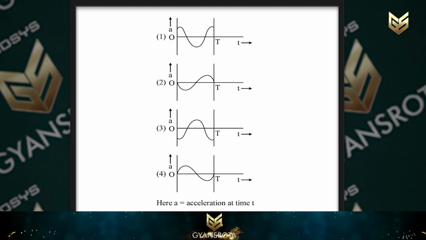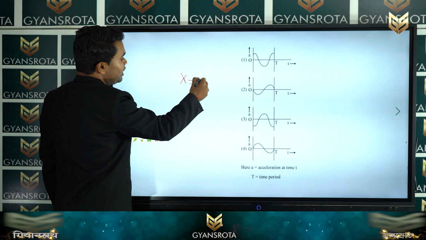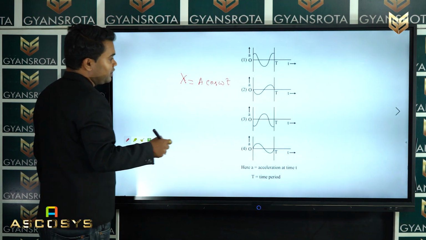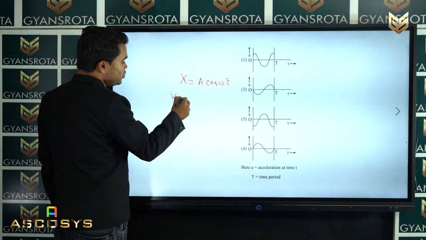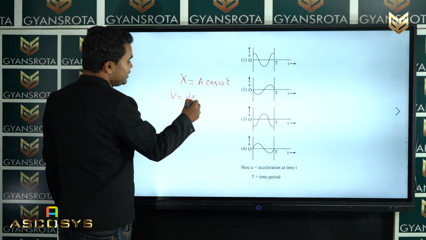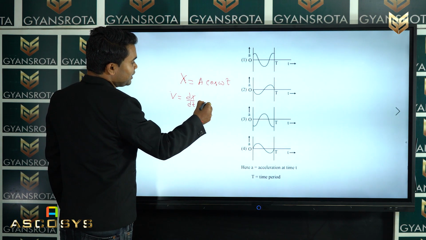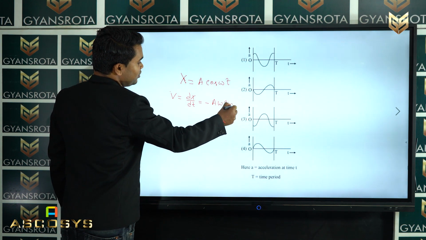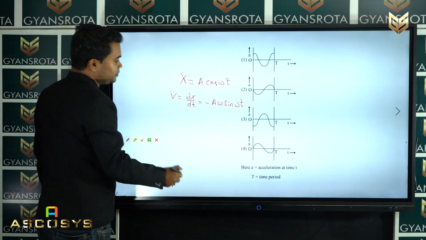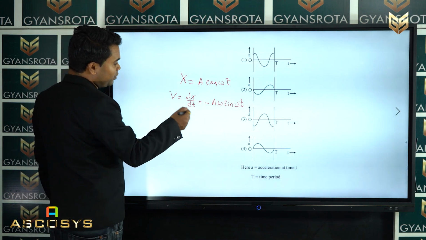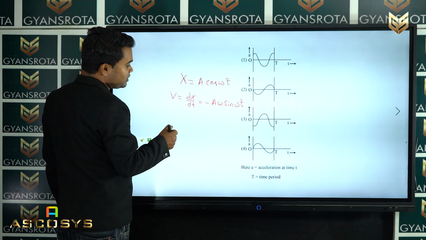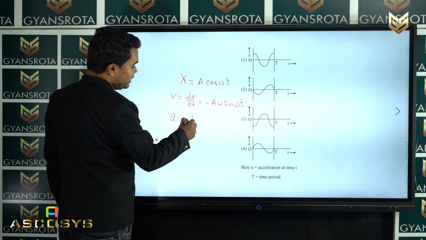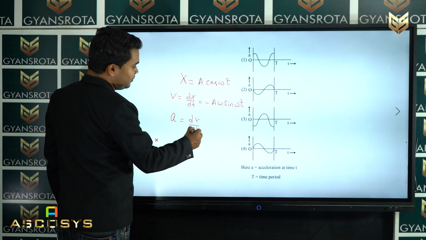In the question it is saying that x is equal to a cos omega t. Now if you want to find out velocity, it will be what? dx by dt. So how much will you get? Minus a omega sin omega t. Fine. Again, if you want to find out the acceleration, acceleration will be dv by dt.